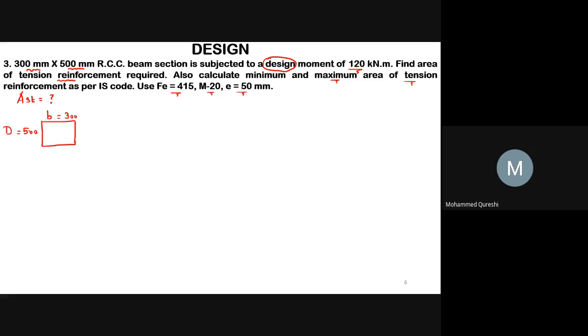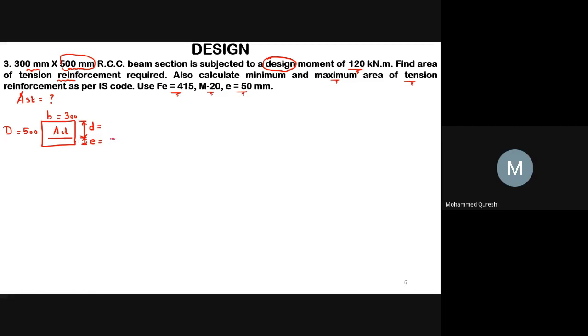Effective depth is not given. So we have to assume that this 500 mm is given as overall depth, that is capital D. So here this will be your AST and this will be your small d, that is effective depth, and this will be your effective cover.